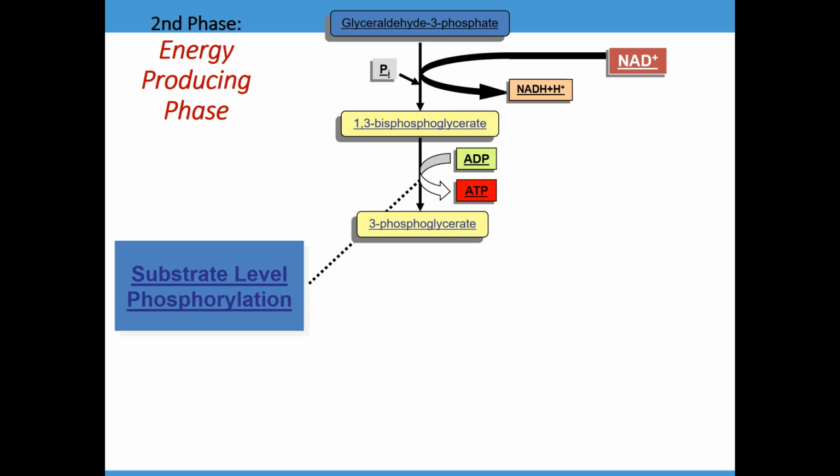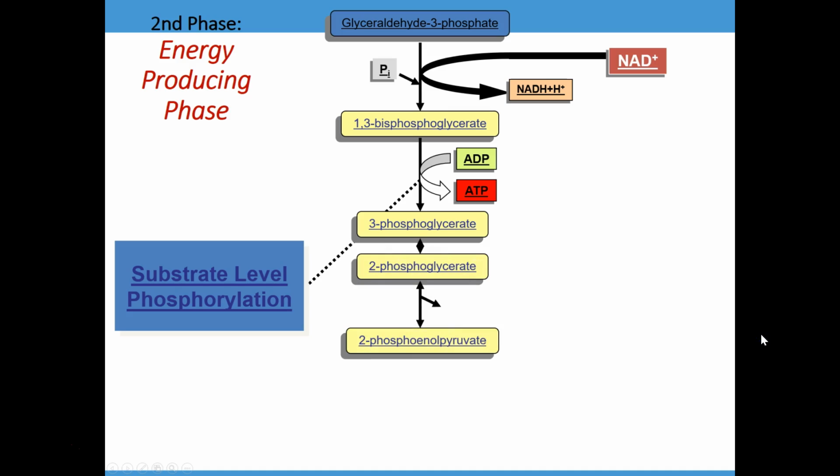The following reactions of isomerase and dehydrogenase will produce another high energy containing substrate, 2-phosphoenolpyruvate, and another substrate level phosphorylation to create another ATP. Remember, this phase will happen twice because 2 glyceraldehyde 3-phosphates are generated during the energy consuming phase. So a total of 4 ATPs from this phase are generated.